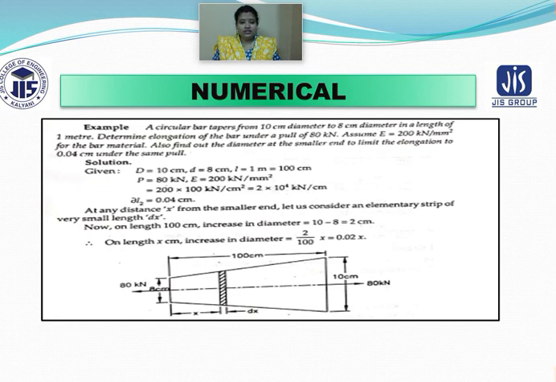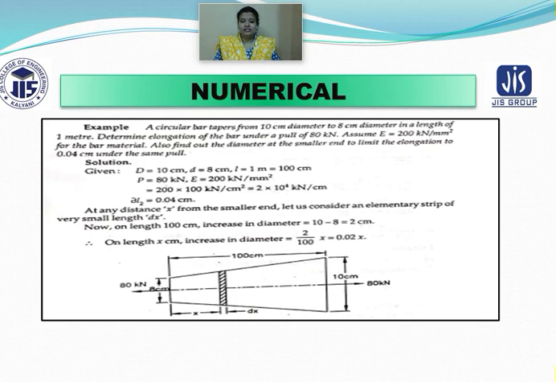Now it has been asked to find the diameter at the smaller end to limit the elongation to 0.04 centimeter under the same pull. So your elongation has been already fixed, that is del L for that particular x, given as 0.04 centimeter. If I ask what is the increase in diameter for your 100 centimeter length, the answer will be capital D minus small d.